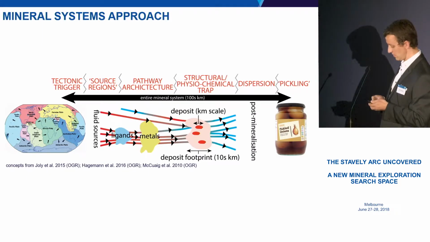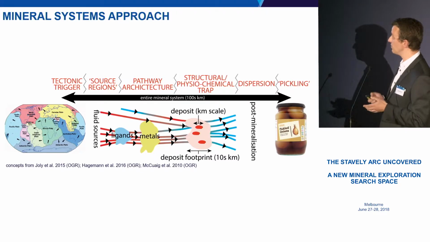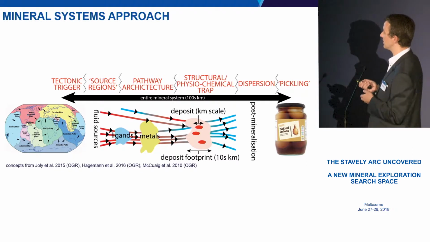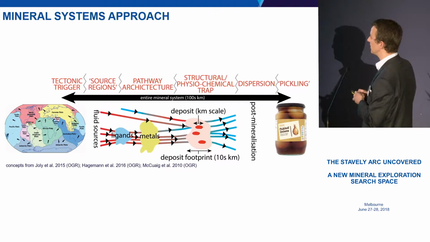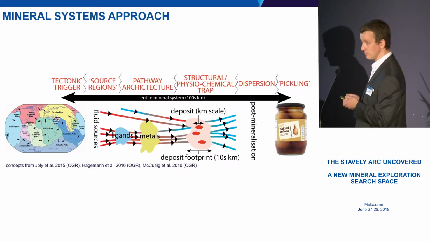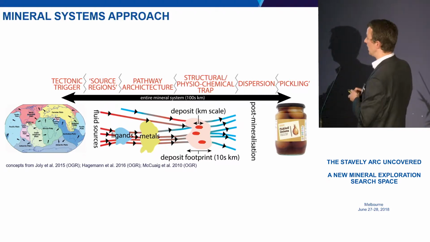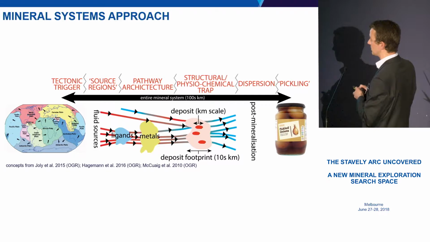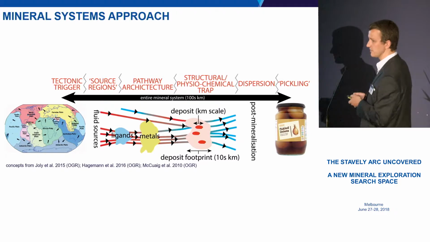I just wanted to touch briefly on the mineral systems approach. So essentially we've got a tectonic trigger. We'll go into that in a bit more detail, but it's already been alluded to. That leads to fertility in source regions. We have nice structural architecture, which gets fluids that carry ligands and metals into a deposit, which is focused in a physiochemical or structural trap.